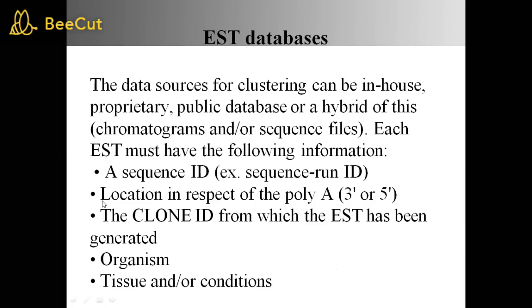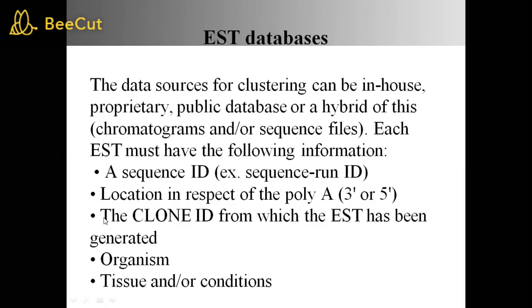NCBI is maintaining that particular EST database, so each EST must have the following information. First is the sequence ID. Each EST will have a sequence ID, for example, run ID. Then next is the location in respect of the poly A, where the poly A is present, so 3' or 5'.